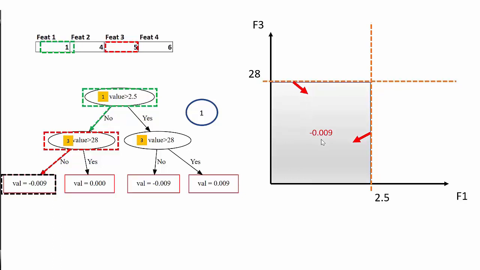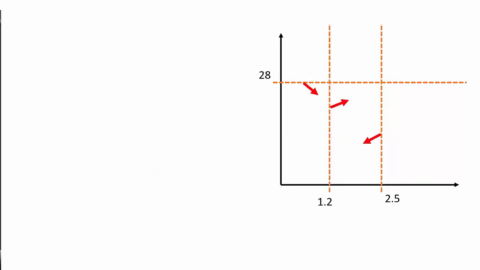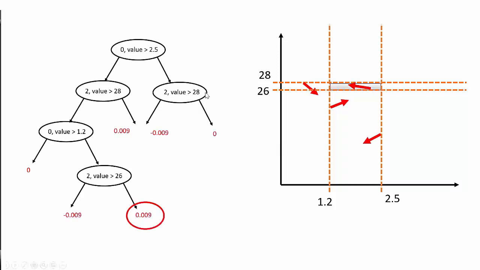Then it selects the pertinent region and outputs minus 0.009 for all this region, given that our data point is here. This is what decision trees generally tend to do. The tree could be more complex, but it always does cuts like below 2.5, below 28, above 1.2, above 26. It always does 90-degree cuts in the space and then outputs a value.